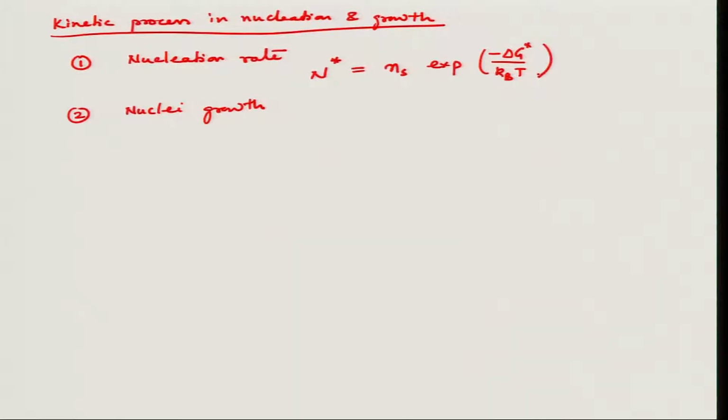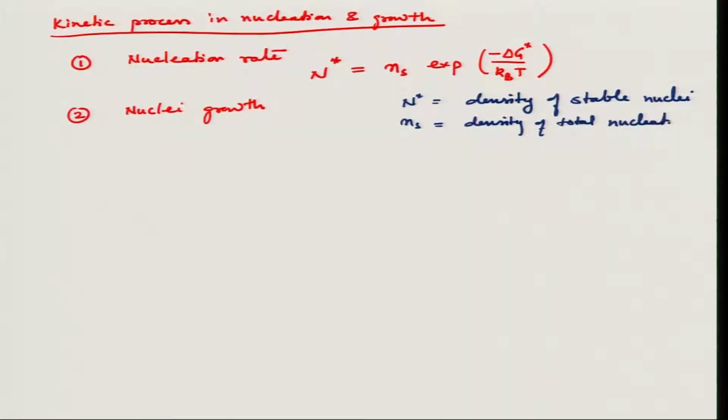Now, in this, n star is the density of stable nuclei, ns is the density of total nucleation sites, and delta G star is the energy barrier for a stable nuclei, right.